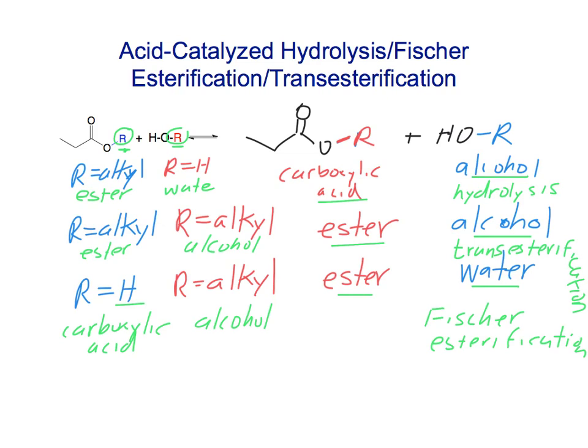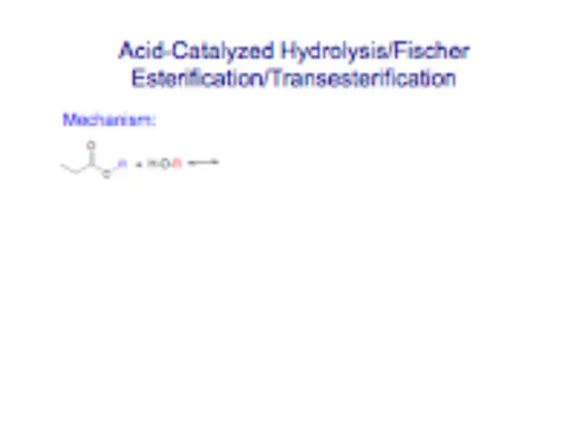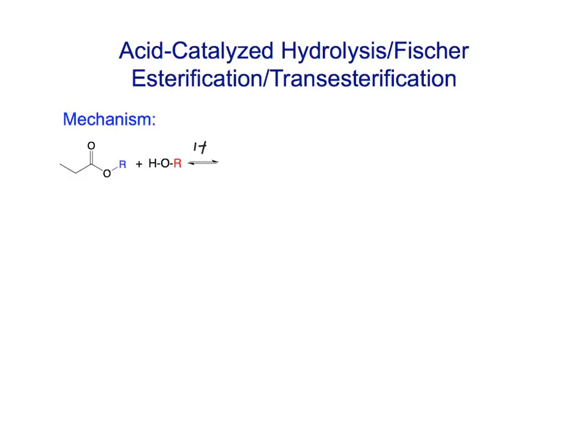Let's look at how this happens. The first thing is, and I think I mentioned this last time, I didn't write it on the last slide, that this reaction only takes place for these three if we are in the presence of an acid catalyst.